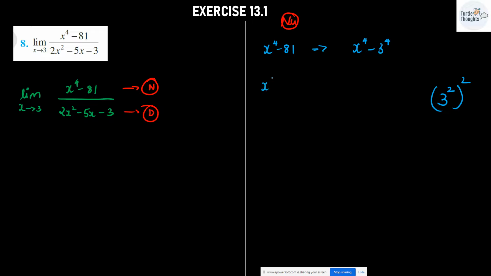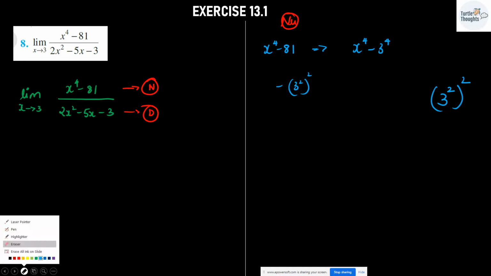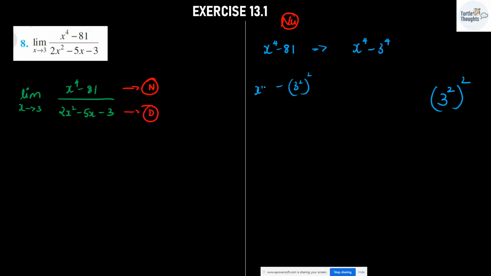Using the same thing, x to the power 4 minus 3 to the power 4 can be written as x square whole square minus 3 square whole square.